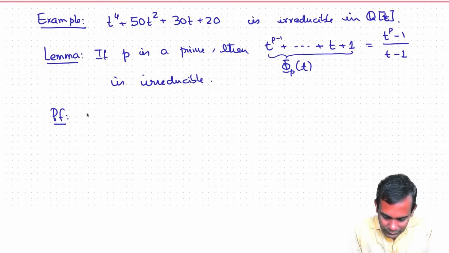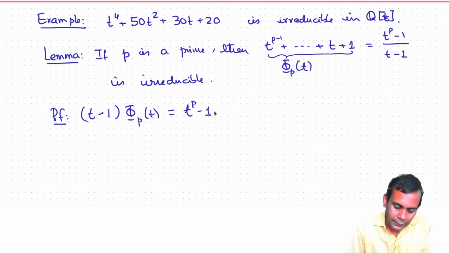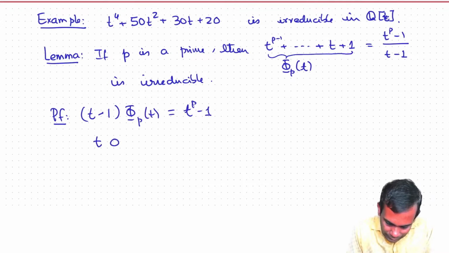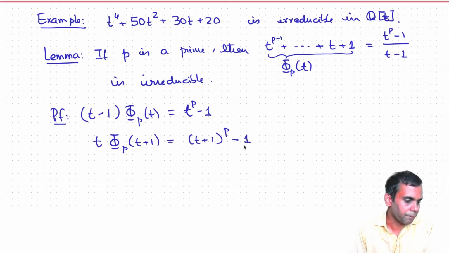So what we have is t minus 1 times phi p of t, by definition, is t to the power p minus 1, right? And now let's just change the variable from t to t plus 1. So if I put that, then I get t times phi p of t plus 1 is t plus 1 to the power p minus 1. But now if you look at this t plus 1 to the power p, this is the summation, k goes from 1 to p.